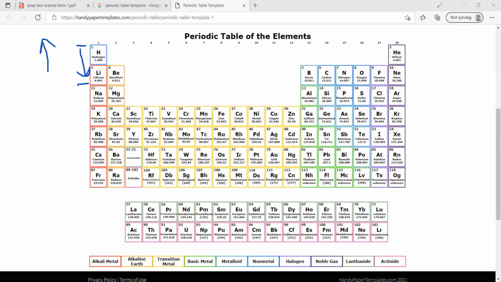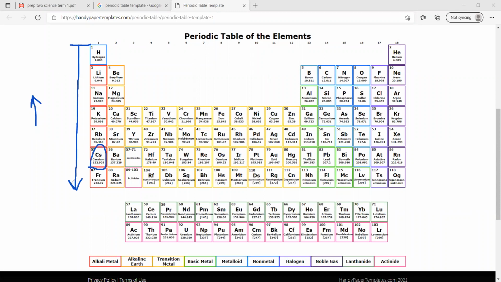When I move from up to down, what happens to the atomic size? It increases. Excellent. So the atomic size increases until we reach cesium, the largest one.